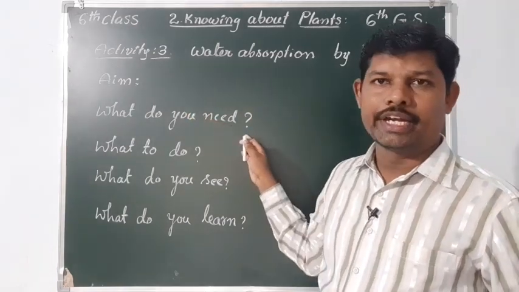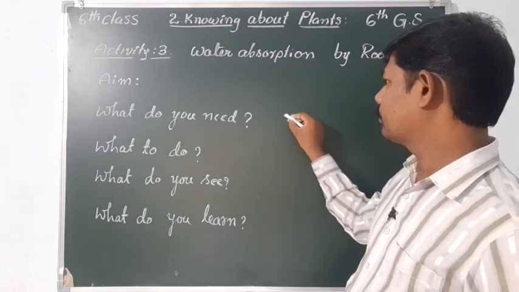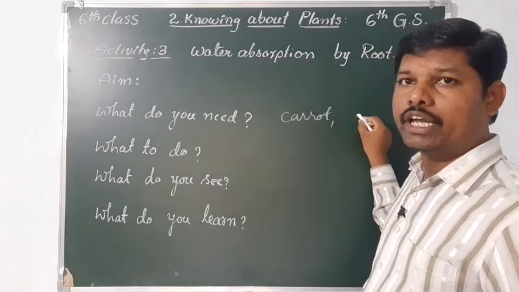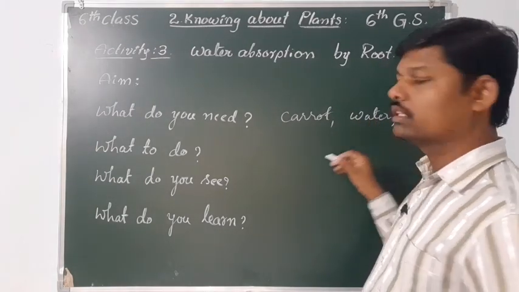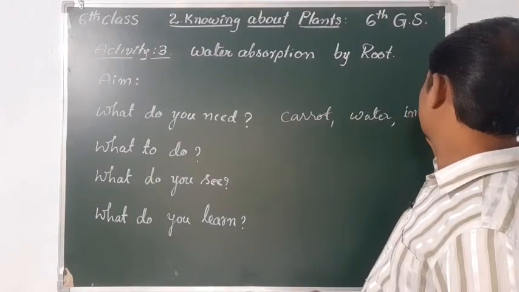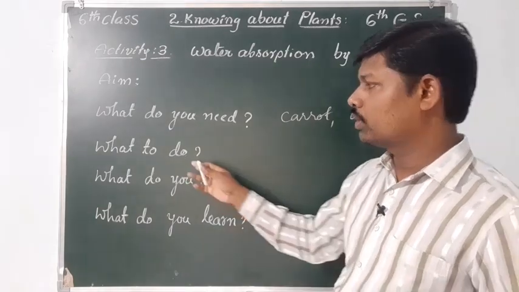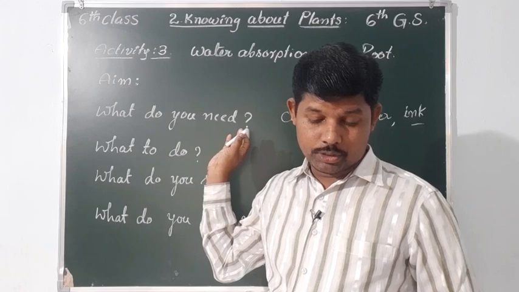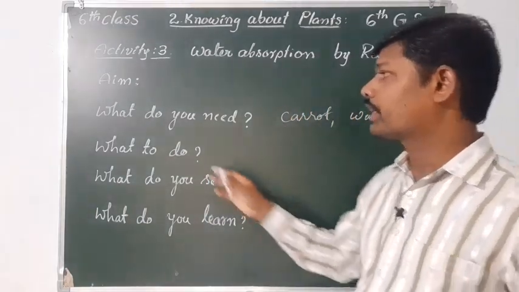What do you need? That means the materials we need. We need one carrot, a cup of water and blue ink. And next, what to do?